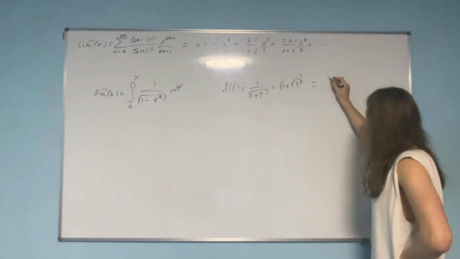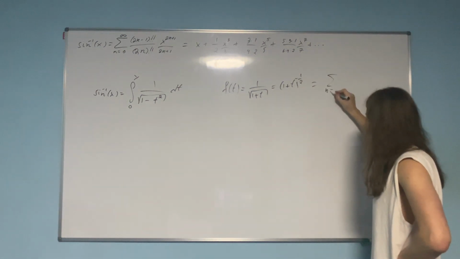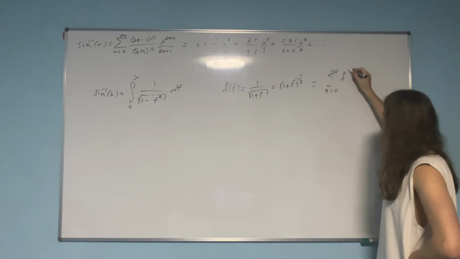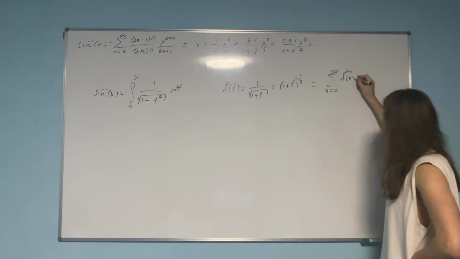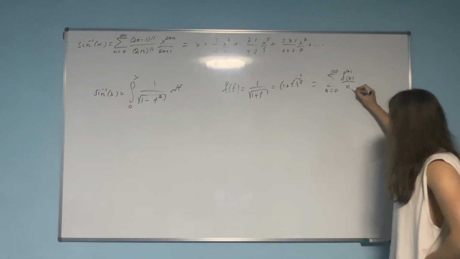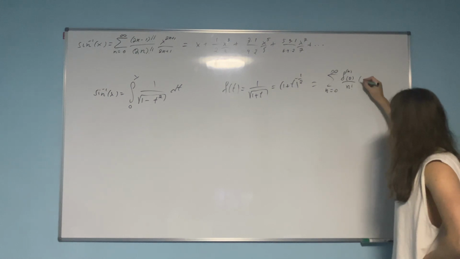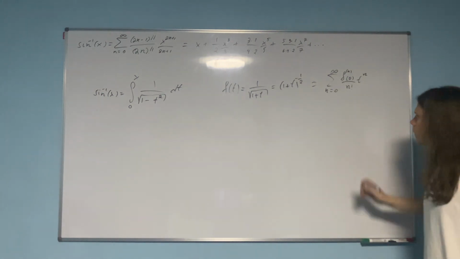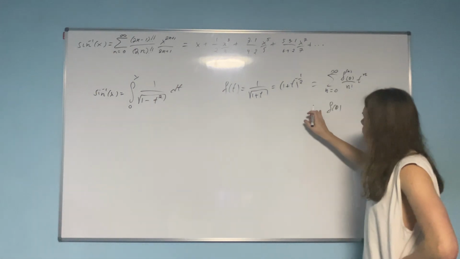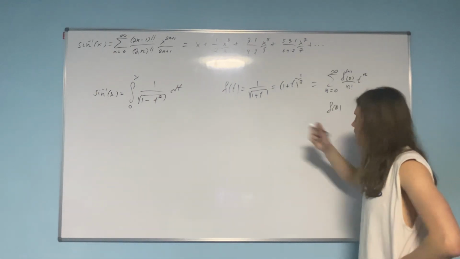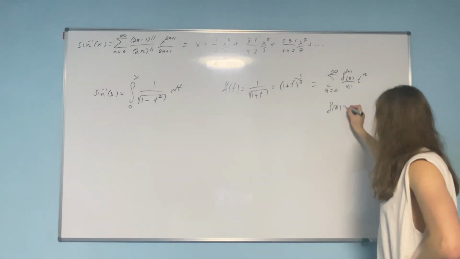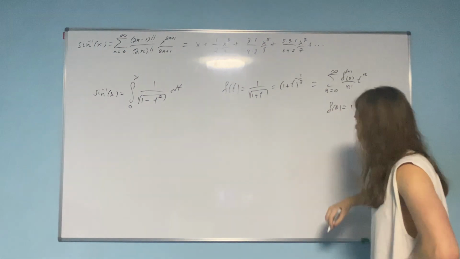So recall that the Taylor series is written as the sum as n goes from 0 to infinity of the nth derivative of the function evaluated at 0, I'm just going to center this at 0, over n factorial times t to the n. So let's look at the function and its derivative values at 0, and we'll very quickly see the pattern. So at 0, this is 1.